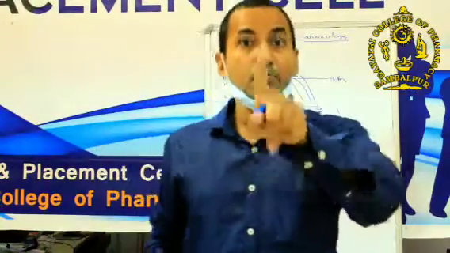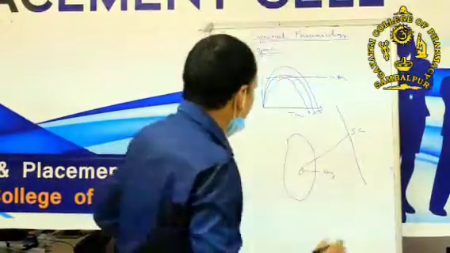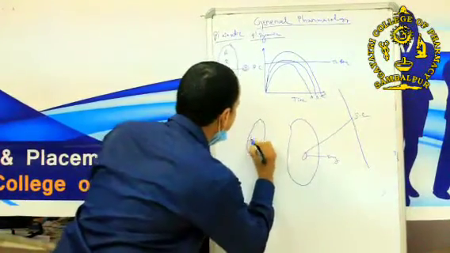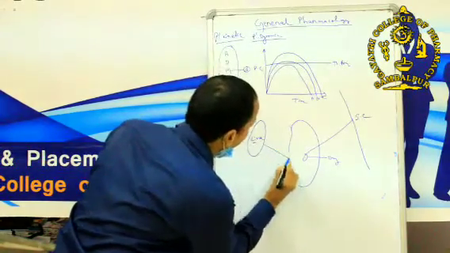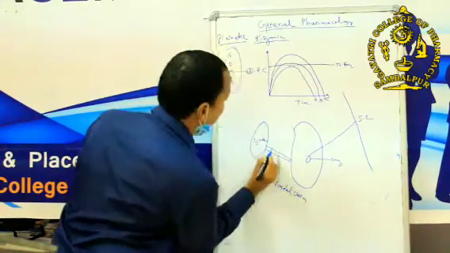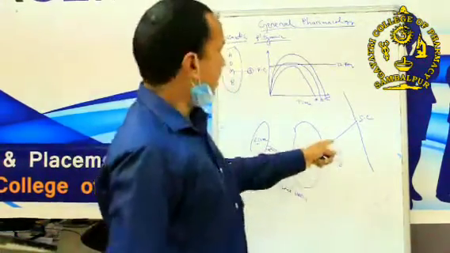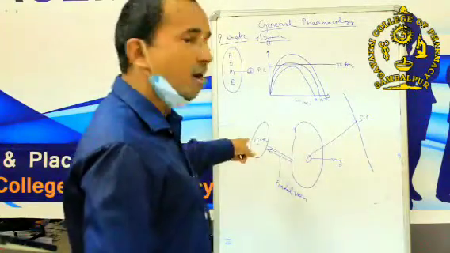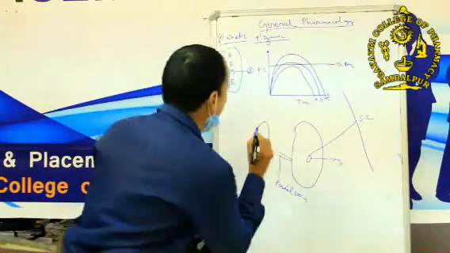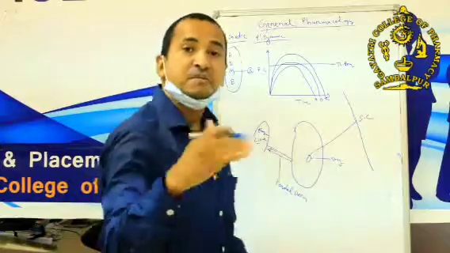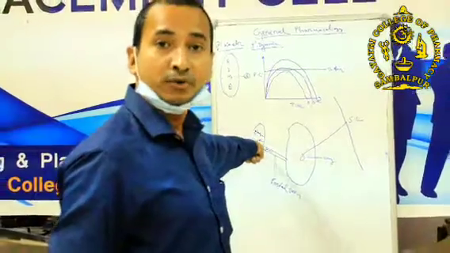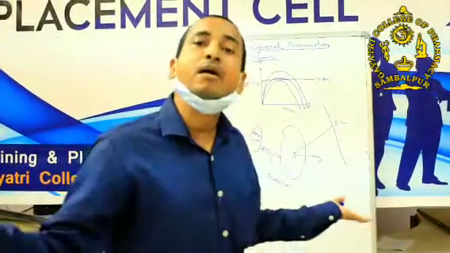But some drugs, a few drugs, what do they do? Instead of going to systemic circulation, they move here, meaning they move to the liver via the portal vein, through portal circulation, where they get metabolized, because the liver is the storehouse of enzymes. So after the process of absorption, drugs instantly move to the liver through the portal vein and get metabolized and altered.